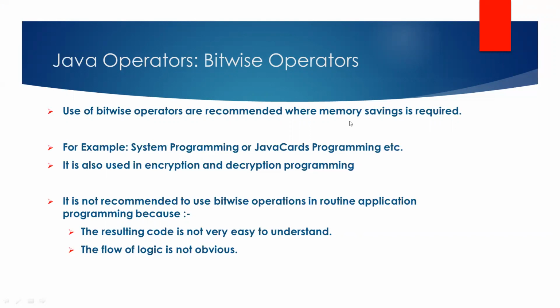So we'll see very quickly what a bitwise operator is and how we use it. For example, system programming of Java, cards programming, etc., and embedded and robotics type of coding. It is also used in encryption and decryption programming to shift the bits and change the values.